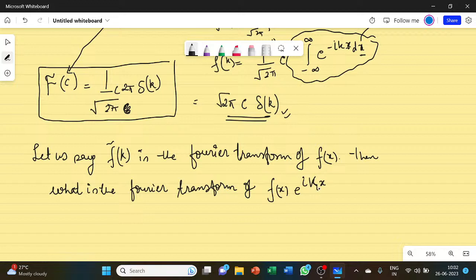Let's say I'll take k naught here. So basically what is happening if I multiply it with something like e to the power iota k naught x. This is what we want to find.